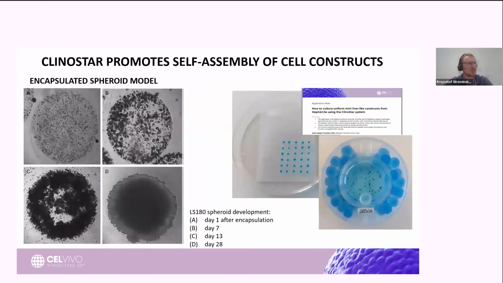We can also use the system with hydrogels, such as sodium alginate, which is very popular, or commercially available Vitrogels. You can find quite simple protocols for how to utilize hydrogels in clinostat systems on the CelVivo webpage or in our publications.